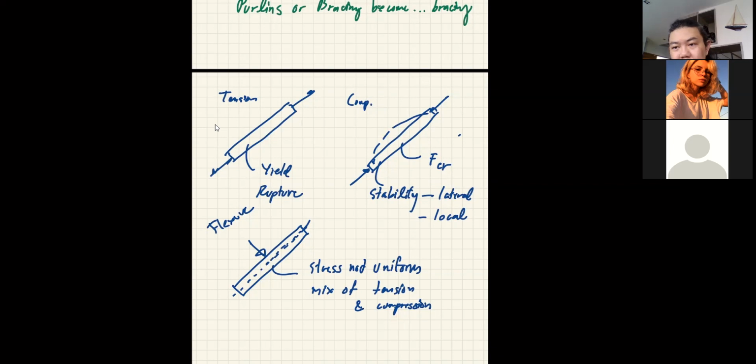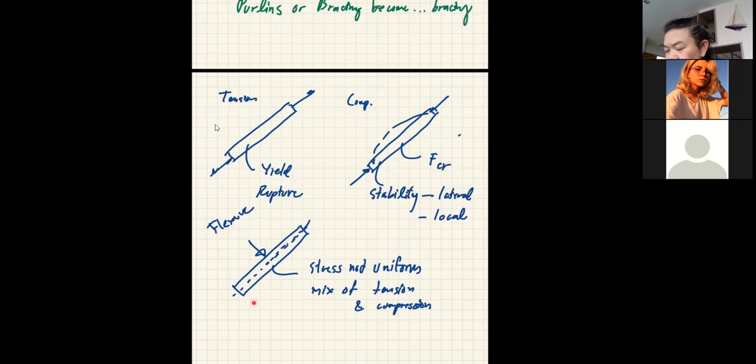And we have emphasized that the F critical is a function of the unbraced length. Remember, it's not how long your member is. It is how long the unbraced length is: the length between the two brace points where you prevent the lateral movement of your compression member.